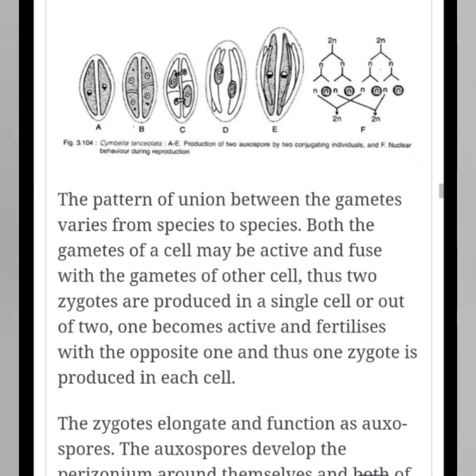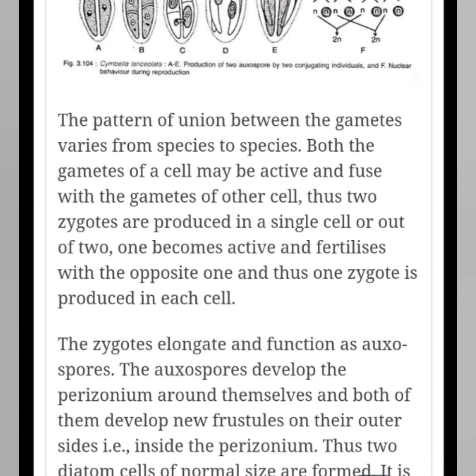And it will happen in the same manner, where these auxospores get enclosed in a pectic membrane known as a perizonium. You can see here the zygotes elongate and function as auxospores, and each auxospore develops a perizonium around itself, and both of them will develop new frustules on the inner side of the perizonium.